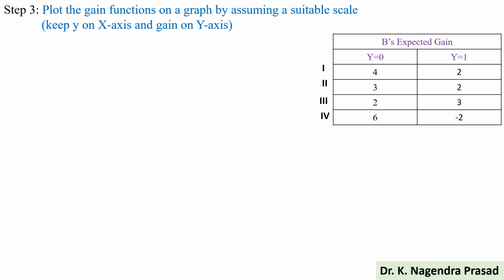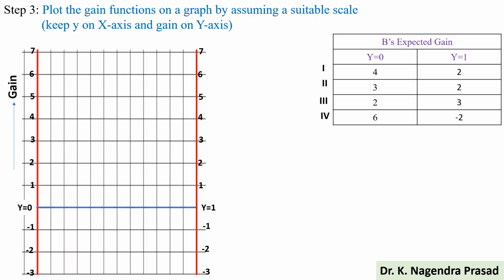Next step is to plot the gain functions on a graph sheet by assuming a suitable scale. Keep the y values on the x-axis and the gain values on the y-axis. So here you have to represent the y values, that is 0 and 1, with suitable scale on the x-axis.